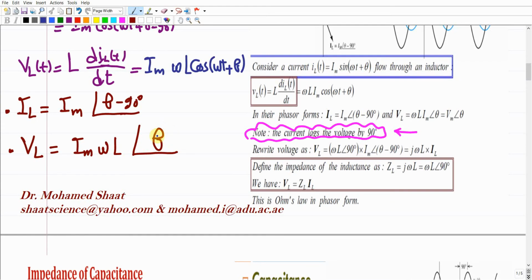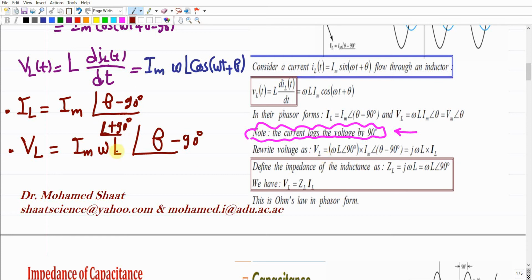We can rewrite the voltage in terms of Im, and we're going to add here negative 90 degrees, then we have to add here positive 90 degrees, because in this multiplication, if you remember the operations we discussed in the previous video over the phasors, when multiplying two phasors you just add the two angles. So if you add negative 90 to have the same phase as the current, you have to add another angle of positive 90.